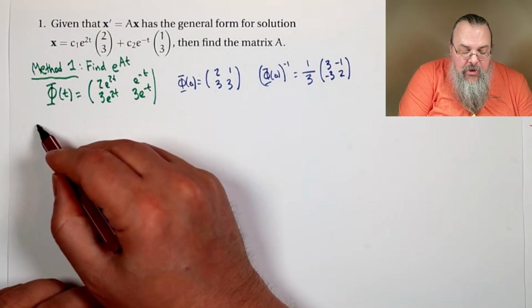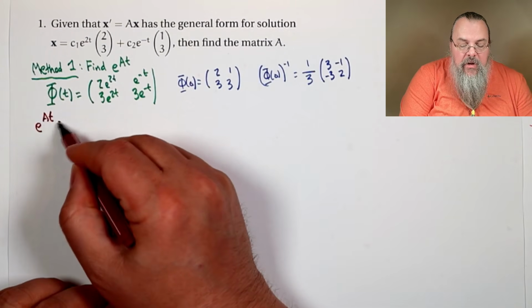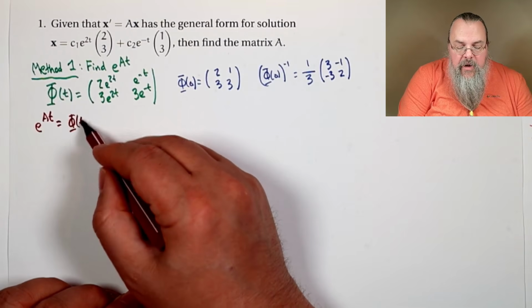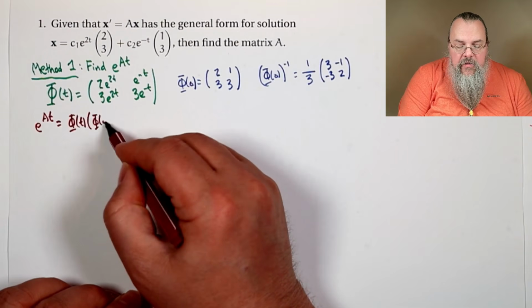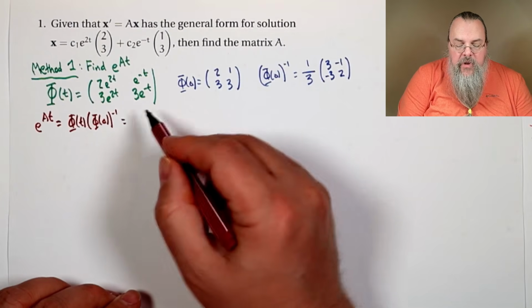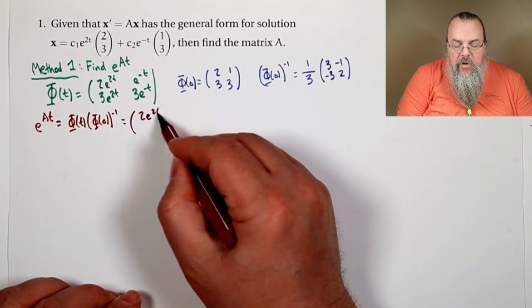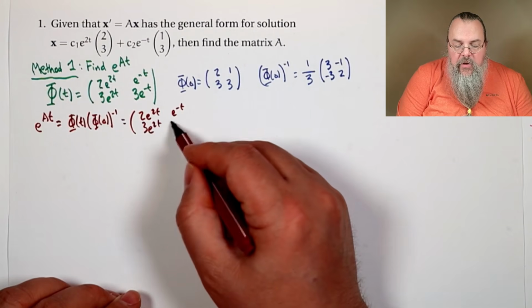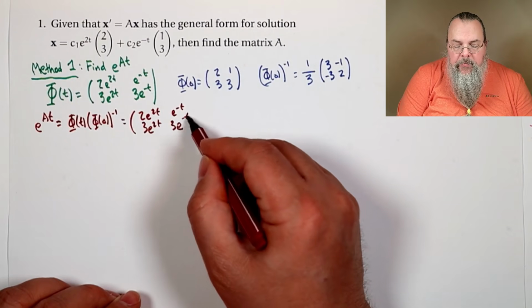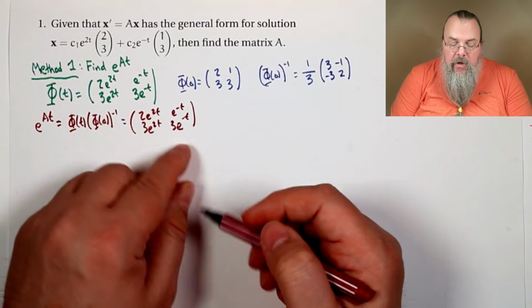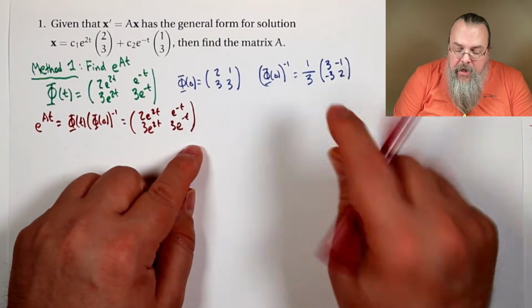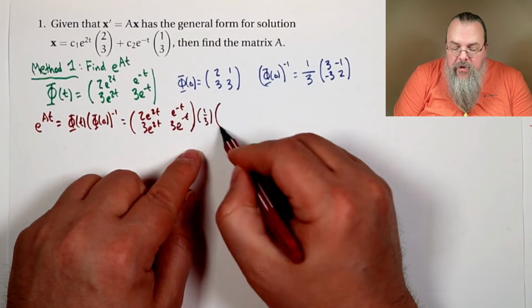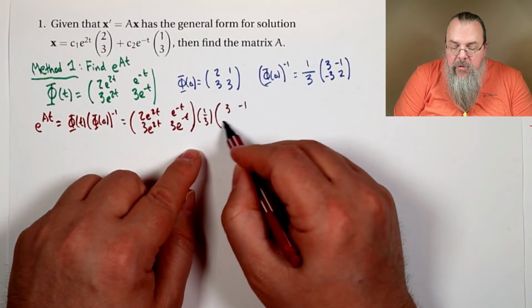All right, so with phi of t and phi 0 inverse, what do we get? Well, e to the At is equal to the product phi of t, phi 0 inverse. So that's 2e to the 2t, e to the minus t, 3e to the 2t, 3e to the minus t. Now multiply that by this inverse, which is 1/3 times (3, minus 1, minus 3, 2).